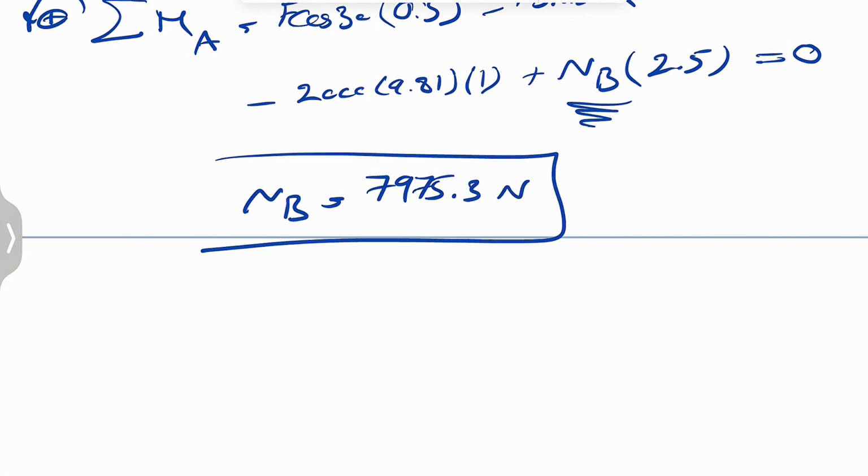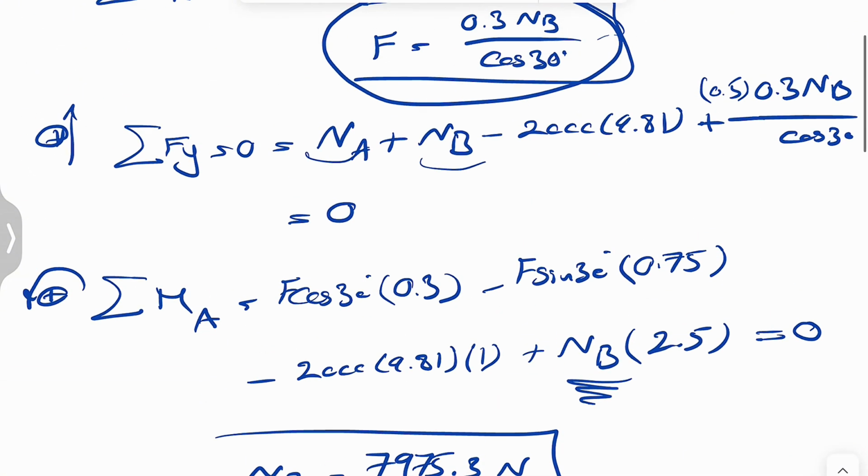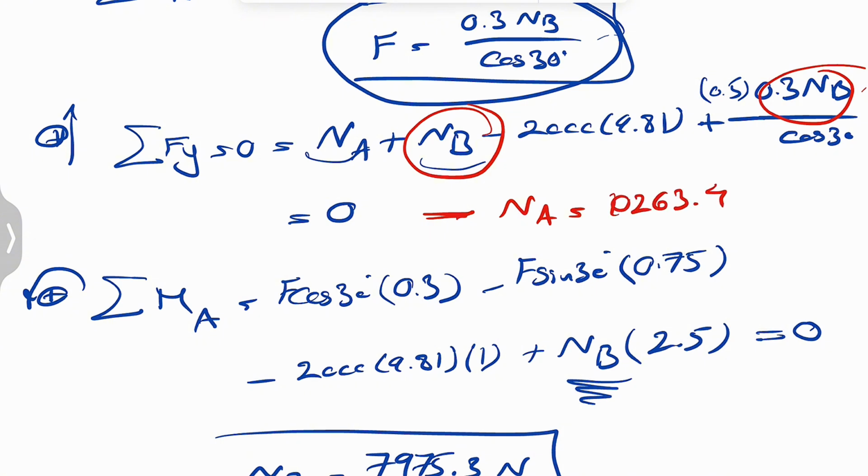That gives us NB, which is 7975.3 newtons. And once we have NB, if we put the value of NB in the second equation, we get NA, which is 10,263.4 newtons.